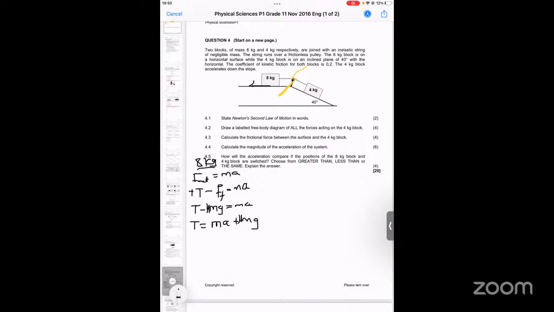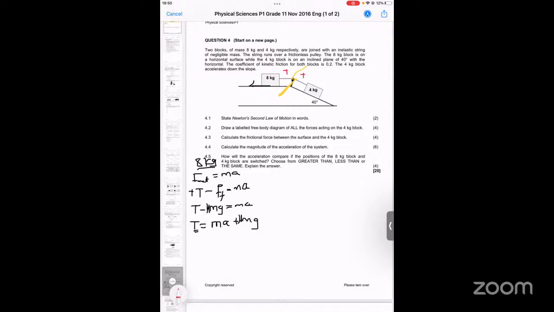Now that we have made T the subject of the formula, why did we make T the subject of the formula? It's because what we know is that after cutting, this tension is the same as that tension there. The tension is the same. It doesn't matter whether the other object has more mass and the other has very little mass.